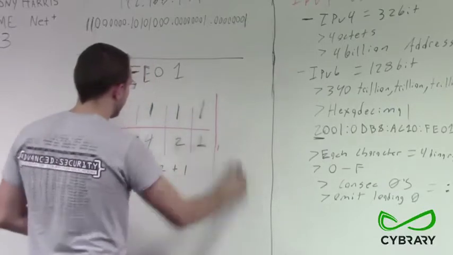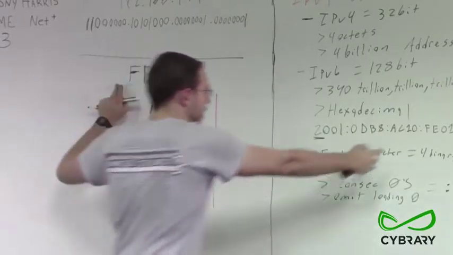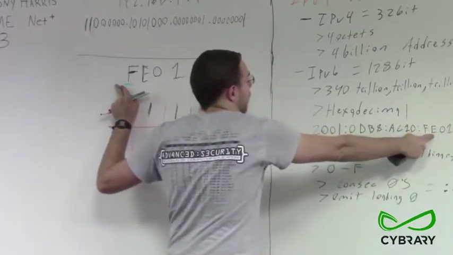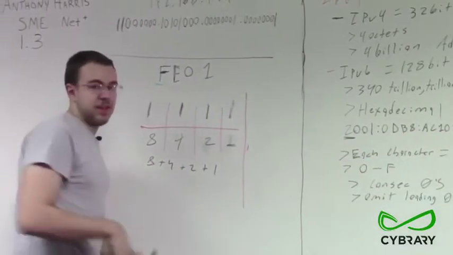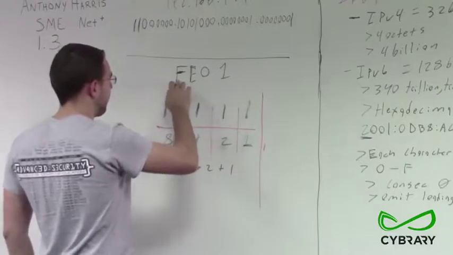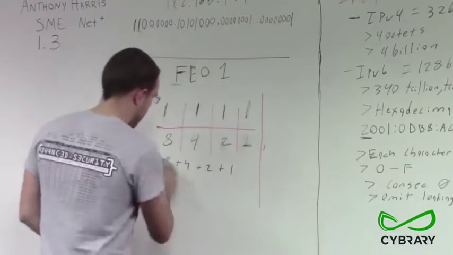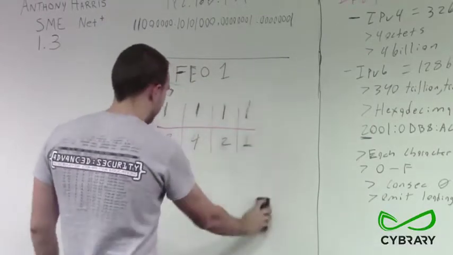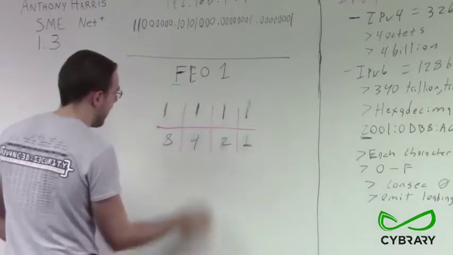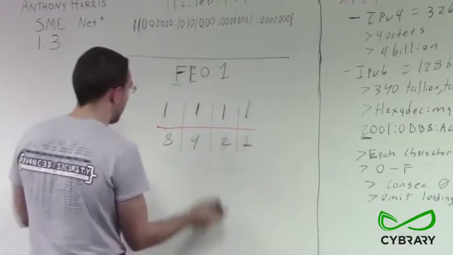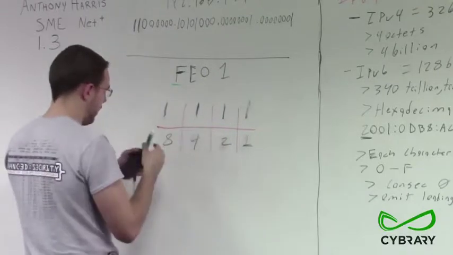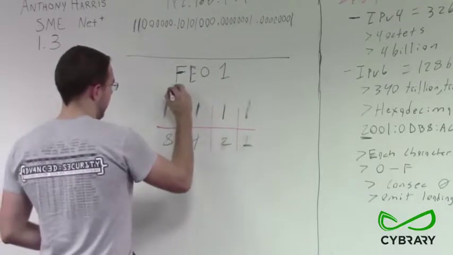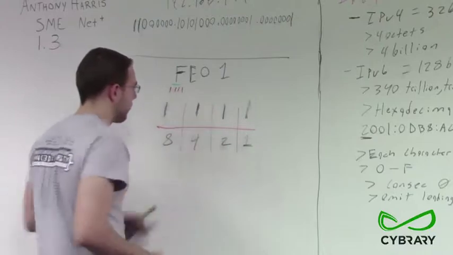So let's go back to our chunk of hexadecimal that we pulled from our IPv6 here. We have our IPv6 value of FE01. F is going to be a binary of 1111.